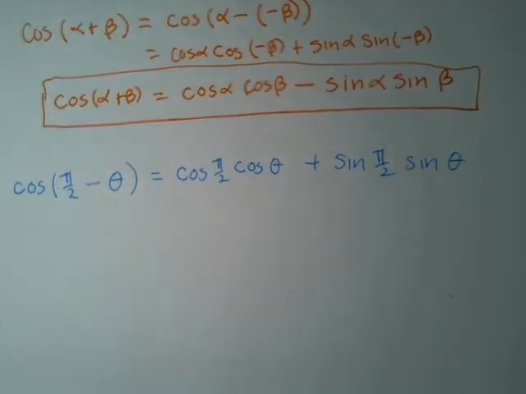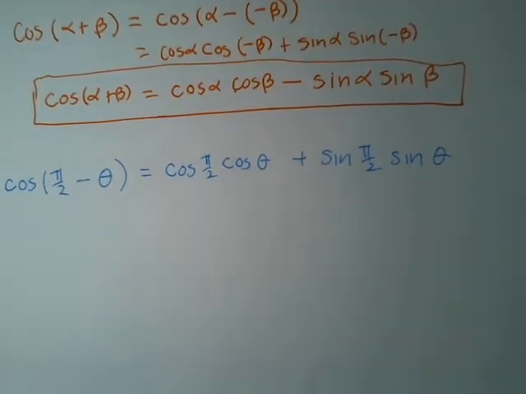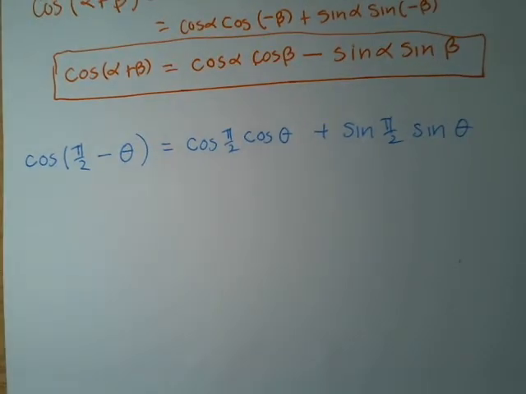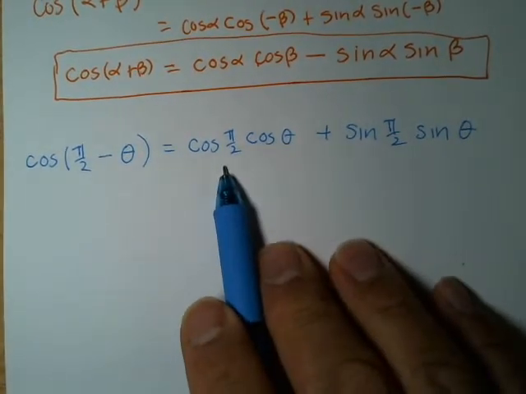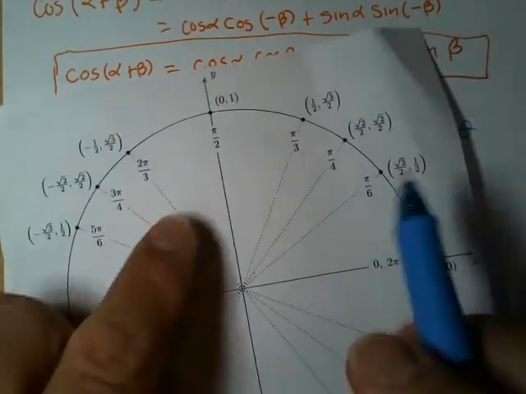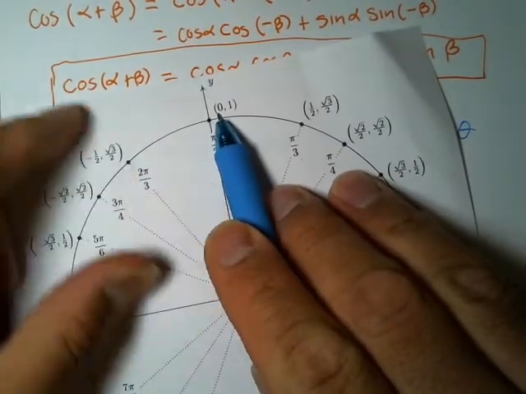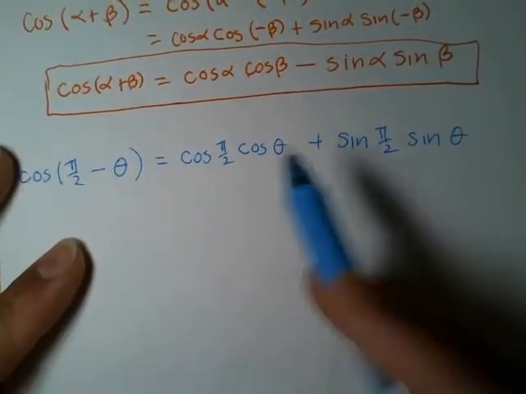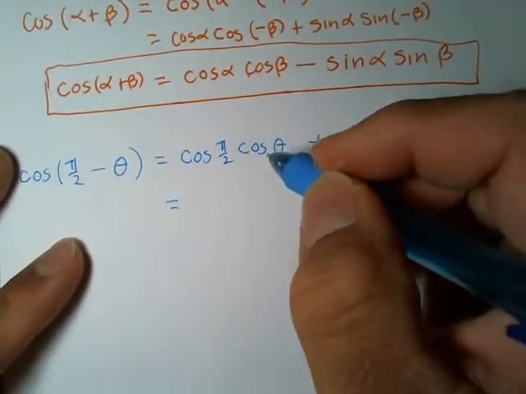I don't really know theta. It represents almost like a variable, just representing an angle here. But I do know cosine of pi over 2 from our unit circle. We saw there from our unit circle, the value of cosine of pi over 2 is 0. Pi over 2, cosine is the x-coordinate, so 0. 0 times anything is 0, or 0 times some real number here.